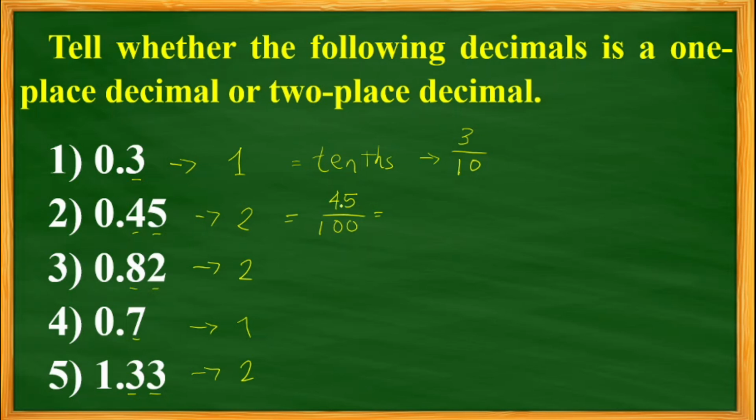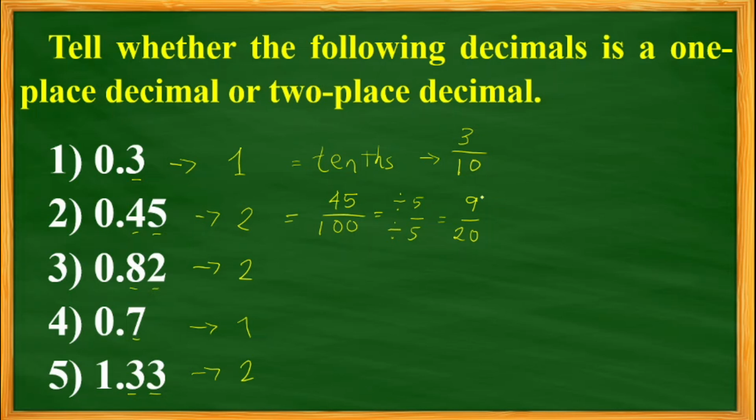The common factor of 45 and 100 is 5. We're going to divide both numerator and denominator by 5. So 45 divided by 5, the answer is 9. 100 divided by 5 is 20.